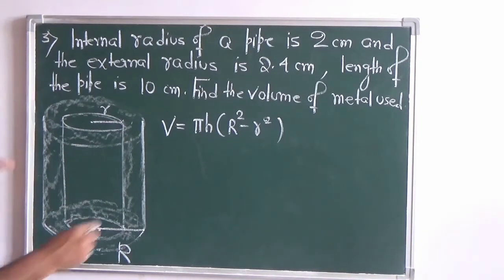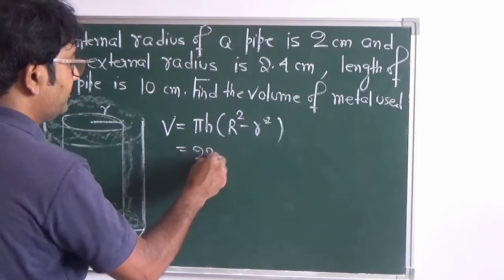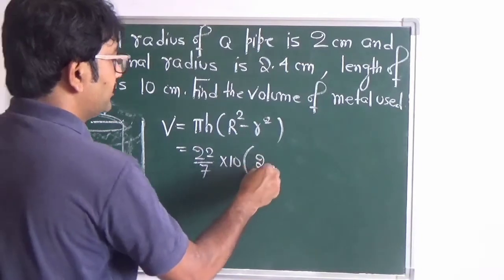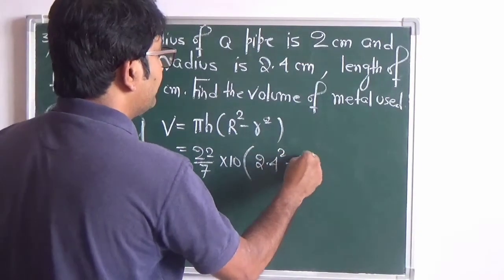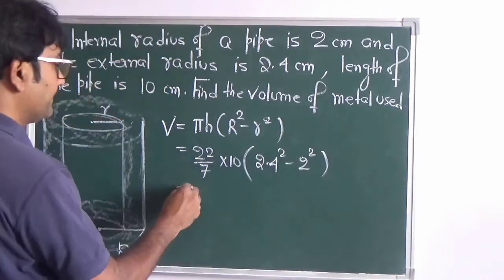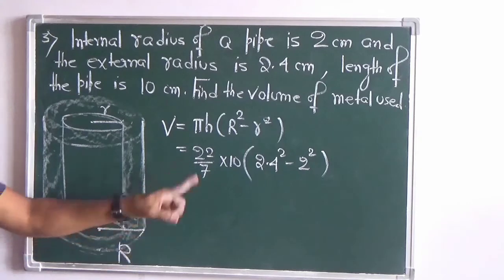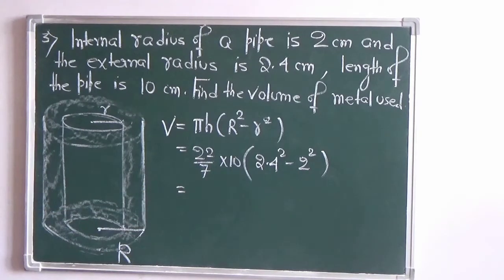Pi is 22/7, height is 10, R square is 2.4 square minus 2 square. So if you calculate this, we get 5.76 minus 4, that is 1.76.